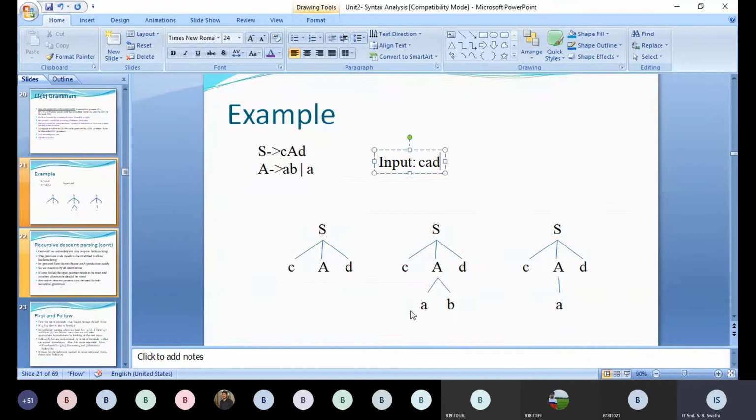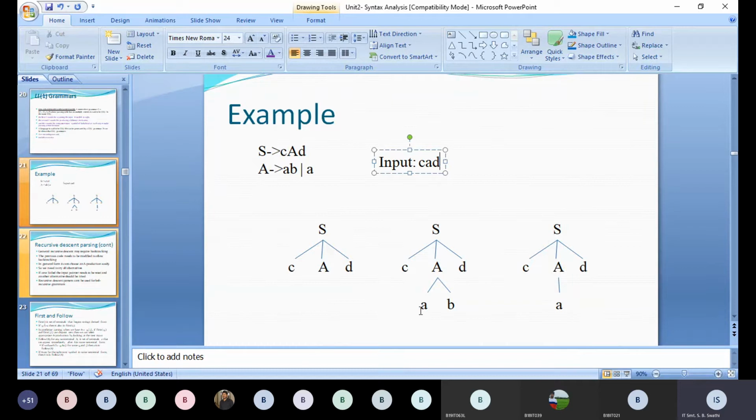Whenever there is a mismatch of the input string, backtracking will be done here. That means AB is there, it will be removed, and reading will happen again from the previous level. What is the previous level after you remove AB? Non-terminal A will be there, so that will be taken again. This is called backtracking.